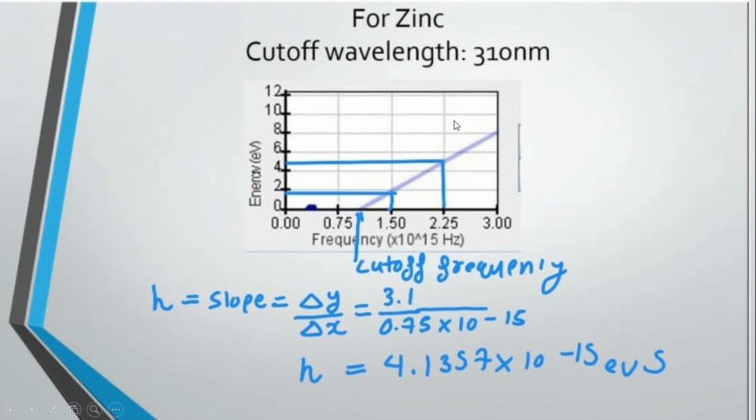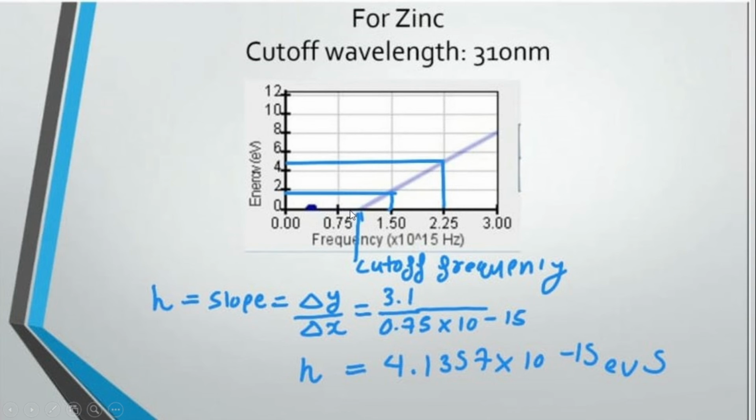We can see similar results for zinc and for other elements also. We also point to the cutoff frequency here. You can see that below this frequency there is no photoelectric effect happening. We have also read about and seen this in the initial slides about cutoff frequencies.